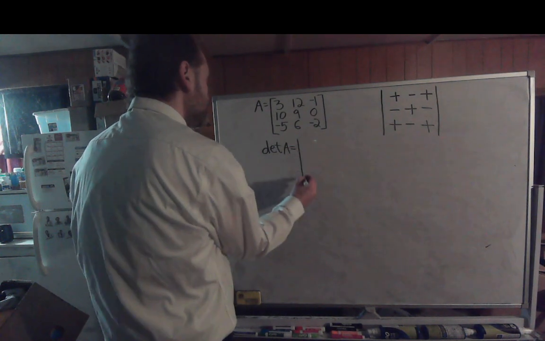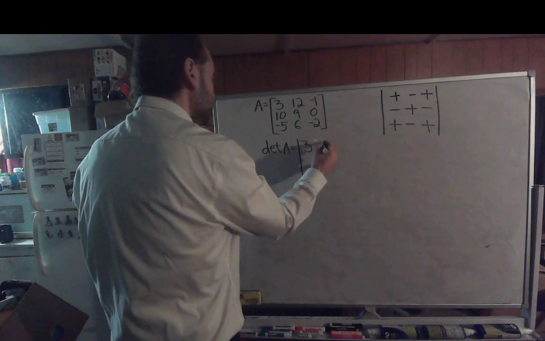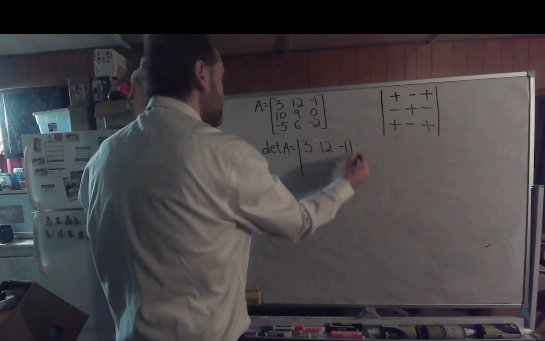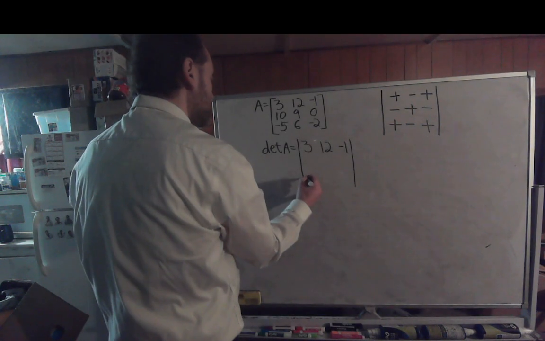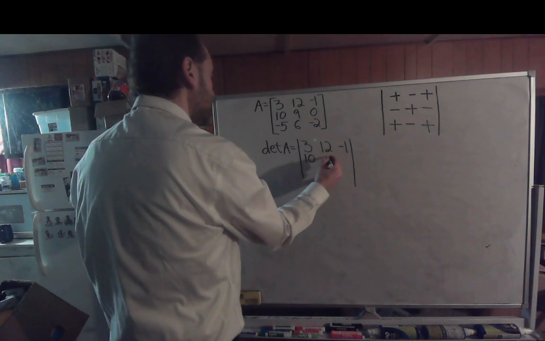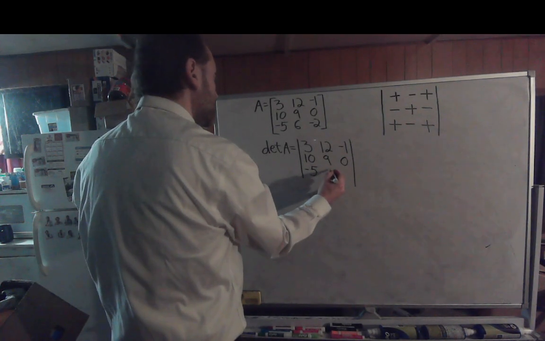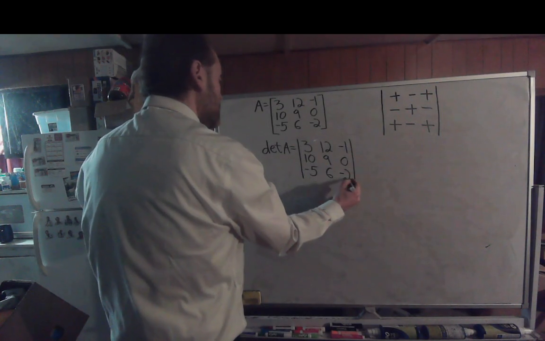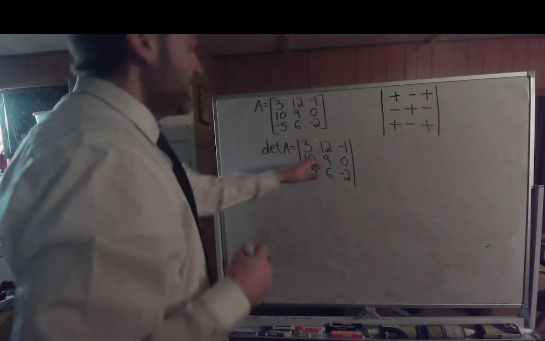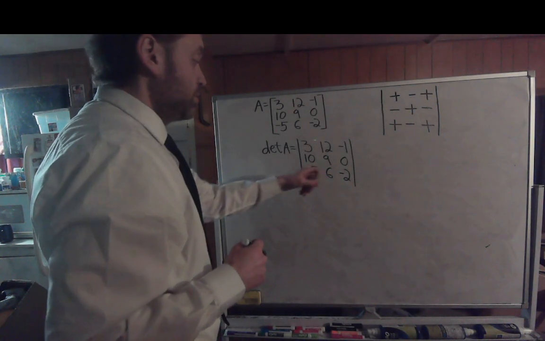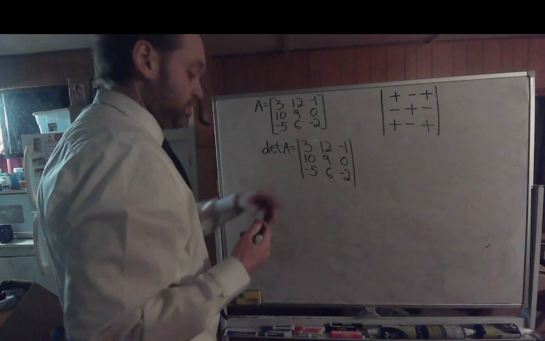So let me set up the determinant notation of all this. Okay, so we're working in that row and column, so that row, so let's start with 10.